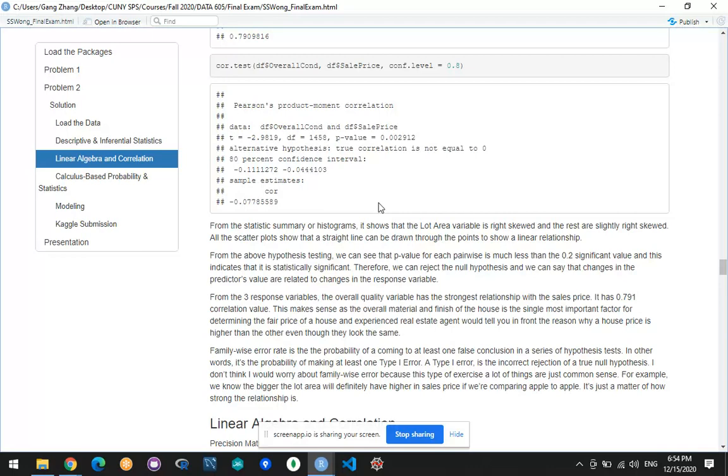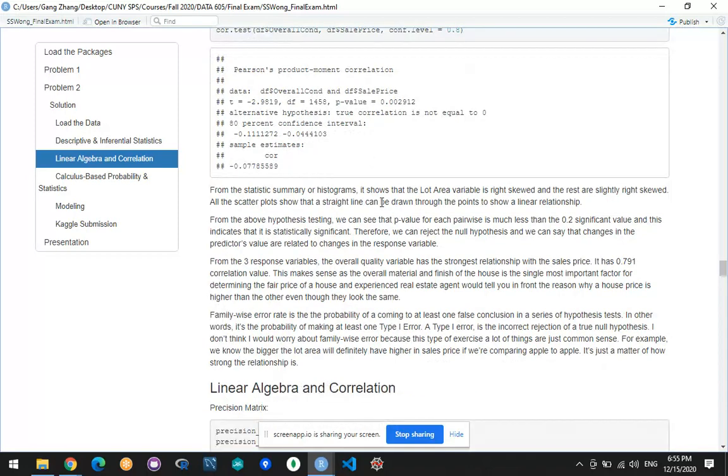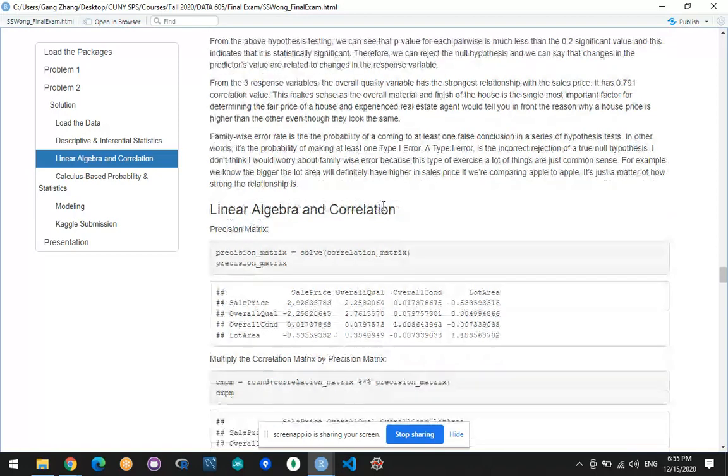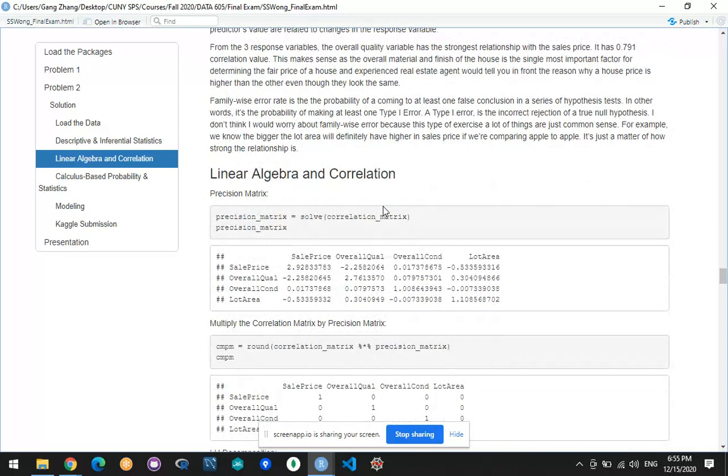For example, we know that a bigger lot area will definitely have a higher price, if we are comparing apples to apples. It's just a matter of how strong the relationship is, and that's just my opinion.